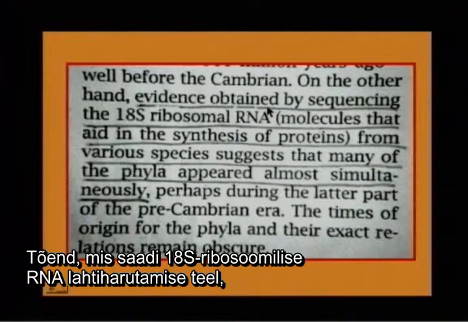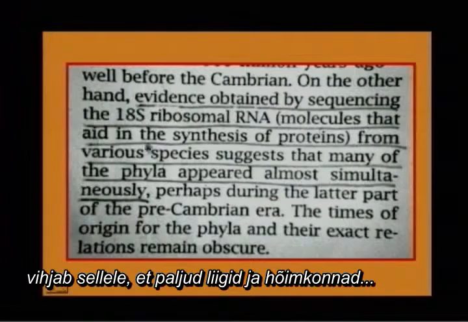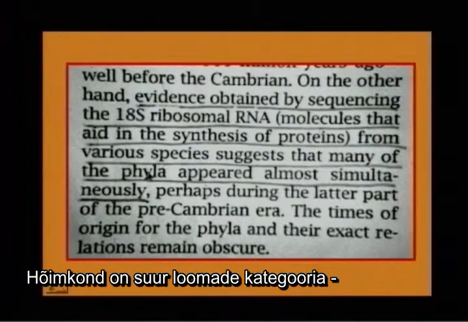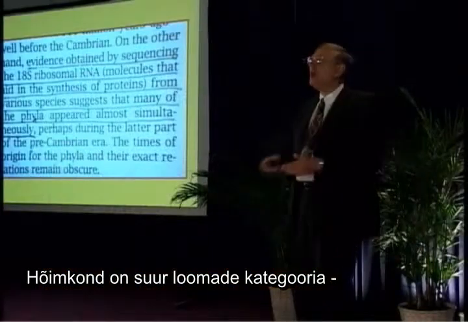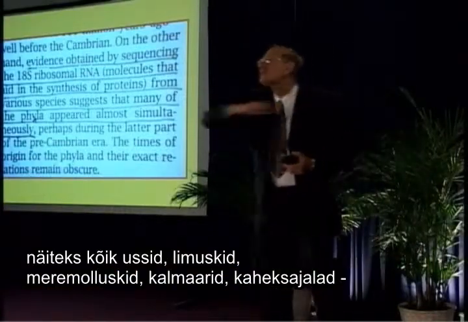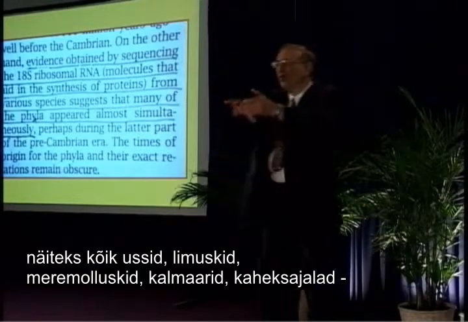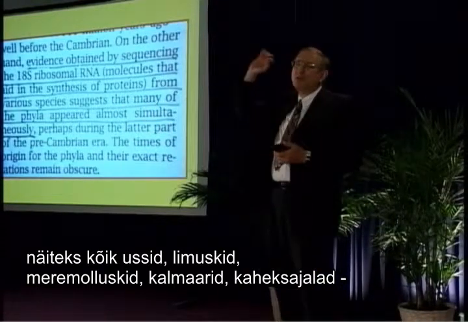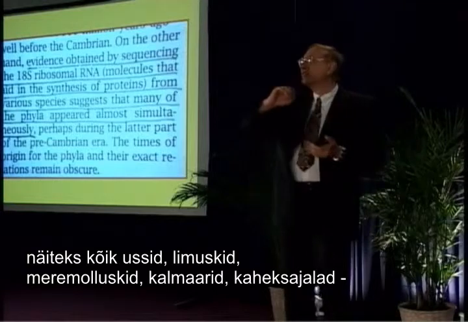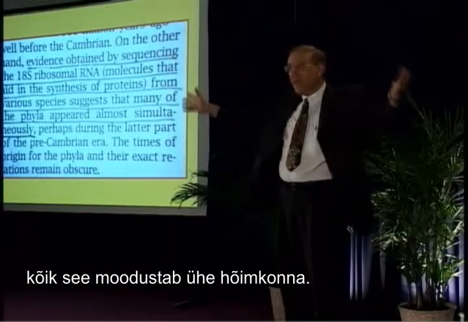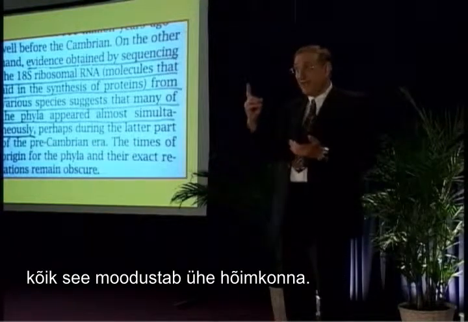It is evidence that was obtained from sequencing 18S ribosomal RNA, that suggests that various species and many phyla, now what's a phyla? That's a huge category of animal. For example, all the snails, all the slugs, all the marine mollusks, all the squids and the octopuses, all of that constitutes one phylum.